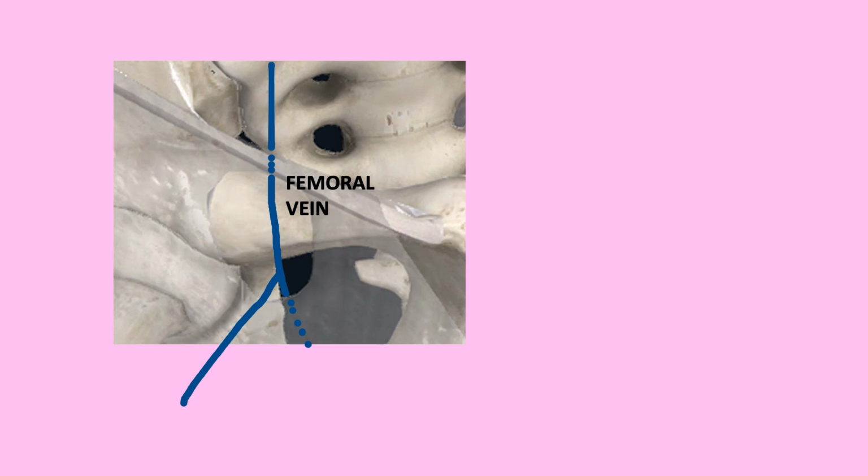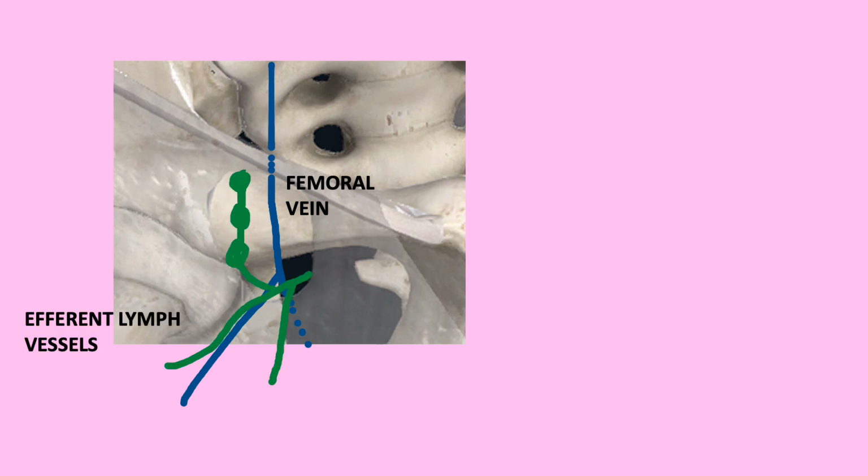And you have another one, which would be the efferent lymphatic vessels. You have a network of lymphatic vessels which drain into the superficial inguinal lymph nodes, and from the superficial inguinal lymph nodes towards the deep inguinal nodes.